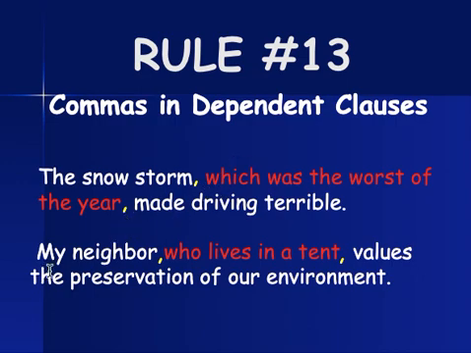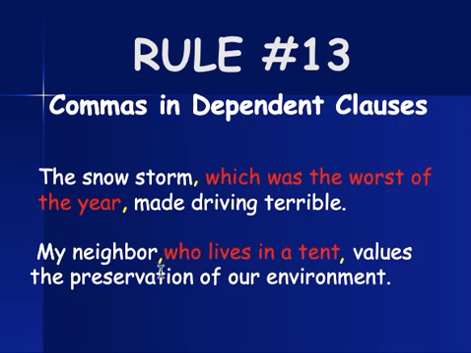Here's another one. "My neighbor, comma, who lives in a tent, comma, values the preservation of our environment." So again, here we're inserting an idea about your neighbor. It's kind of like that side note. You're trying to add some information about your neighbor.